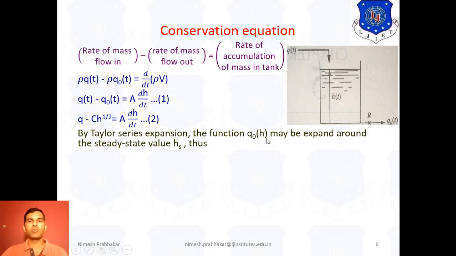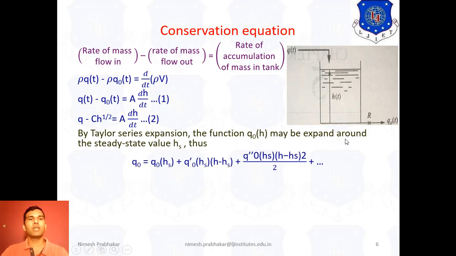The function Q0(t) may be expanded around the steady state value hs. Thus, using the Taylor series, we can write Q0 is equal to Q0(hs) plus Q0'(hs)(h minus hs) plus Q0''(hs)(h minus hs) squared by 2.